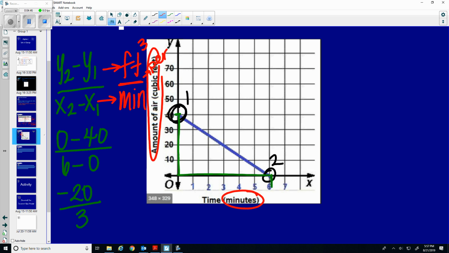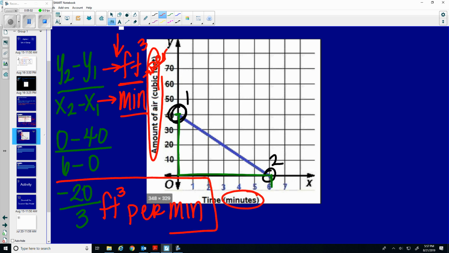So in my answer down here, I'm going to have cubic feet, going top to bottom, cubic feet per minute. Now I have my full rate of change. Again, exact same thing, all I'm doing is adding units: my y units over my x units.